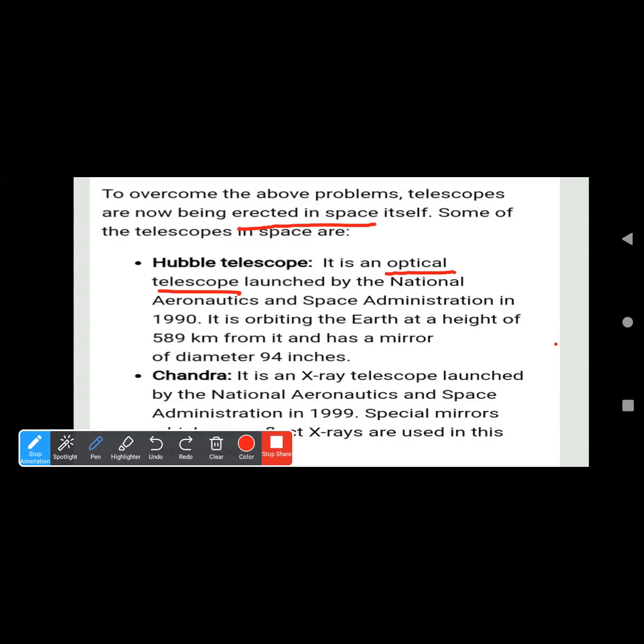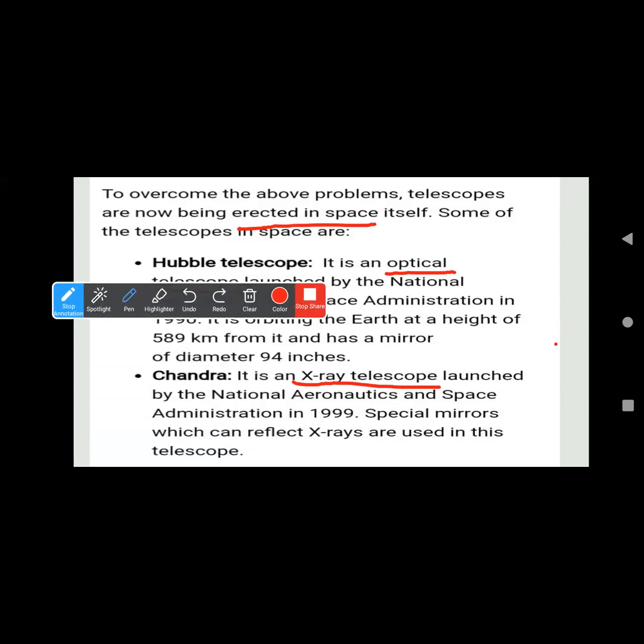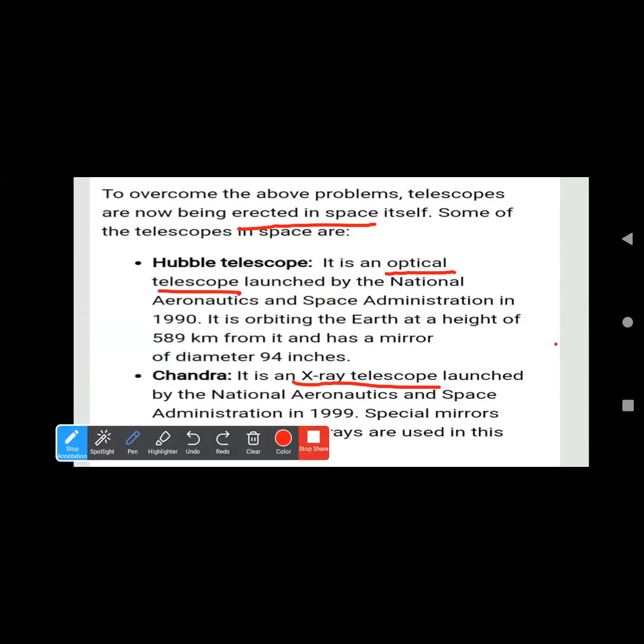Okay, then the next is the Chandra Telescope. It is an X-ray telescope launched by the National Aeronautics and Space Administration in 1999. Special mirrors which can reflect X-rays are used in this telescope. So you have to write only this much. What are the difficulties? You have to write 4 points. And what is the solution?